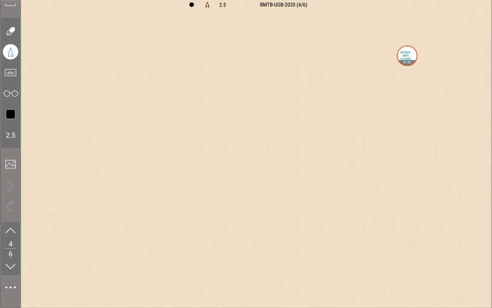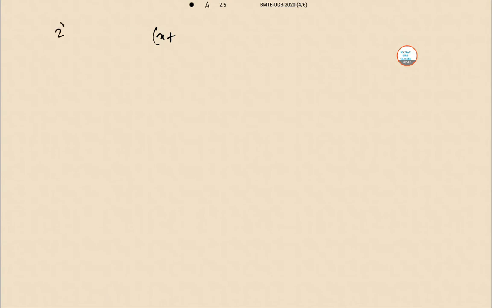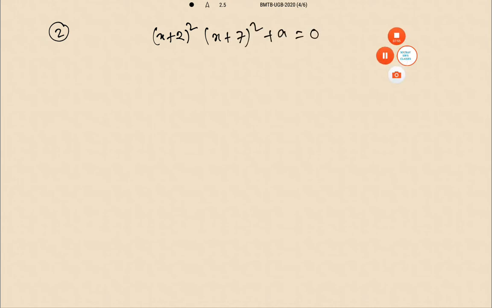Okay, so we have an equation. Remember that we are solving the second question: (x+2)²(x+7)² + a = 0, and x is real.